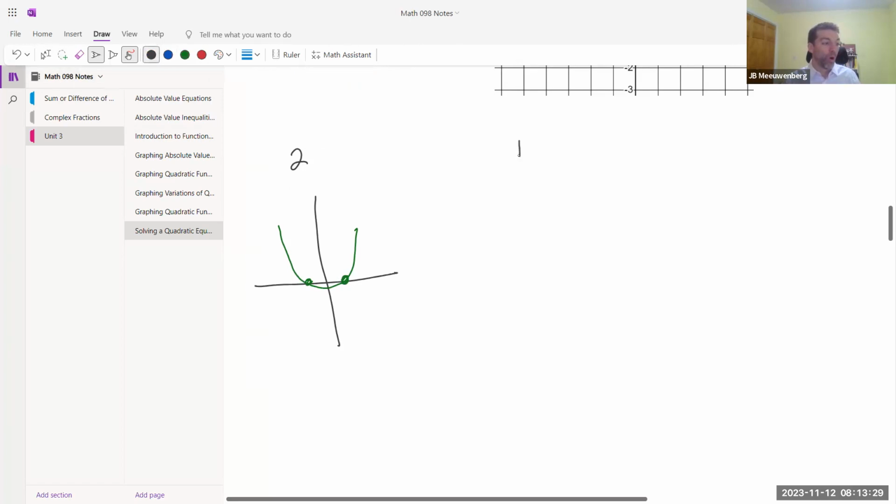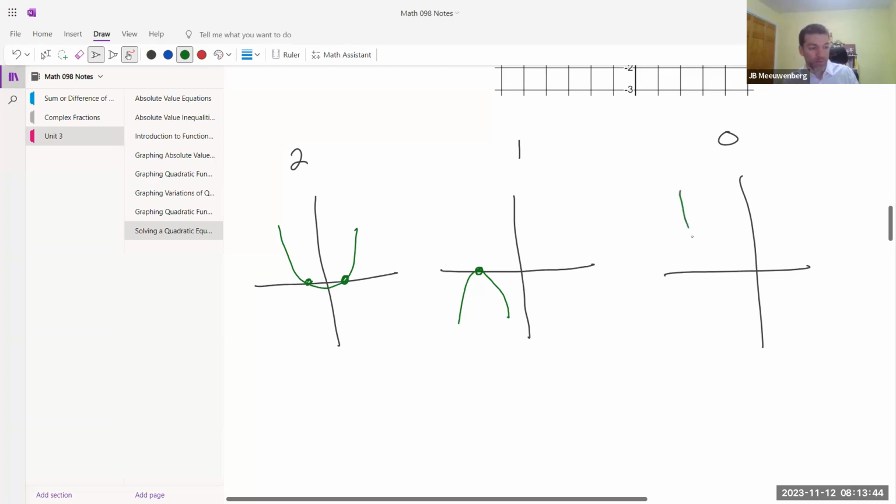You can have 1 where your parabola might just touch the x-axis at one spot, and you can have 0 where your quadratic equation, your parabola, just does that, and the vertex is above the x-axis or below the x-axis. And so those are the different scenarios that can happen when you are trying to find the x-intercepts of a quadratic equation or solving those quadratic equations by graphing.